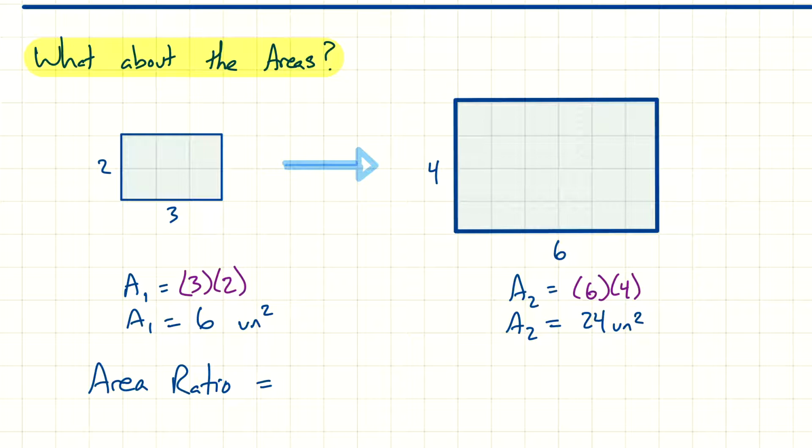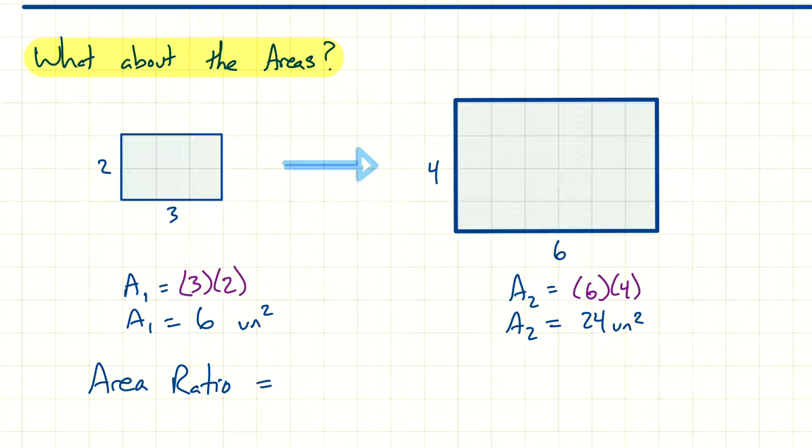Now, just by looking at the areas alone, does it look like the area got twice as big? We went from a 6 to a 24. Is that double? If you're still not sure, let's write an area ratio. In the previous part, we wrote a linear ratio, which was focused on the sides, making a fraction of the sides.